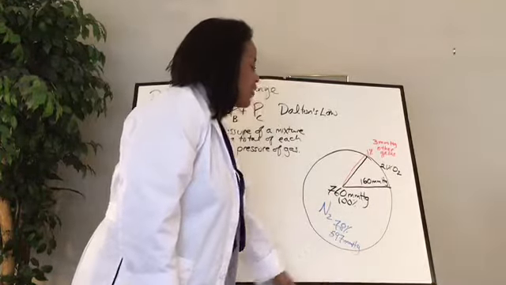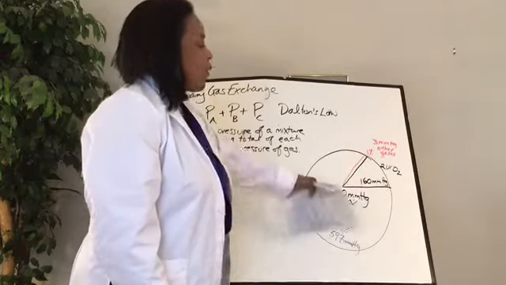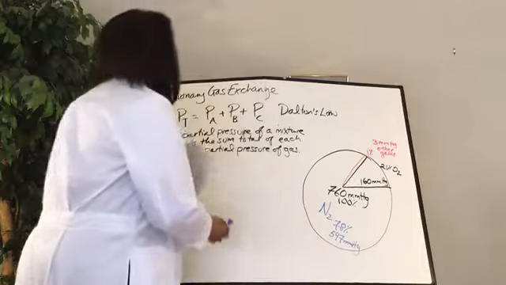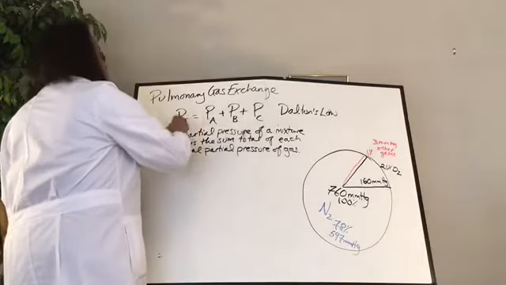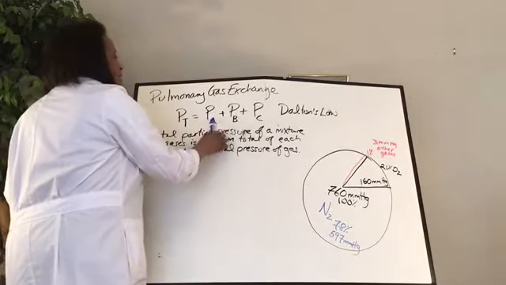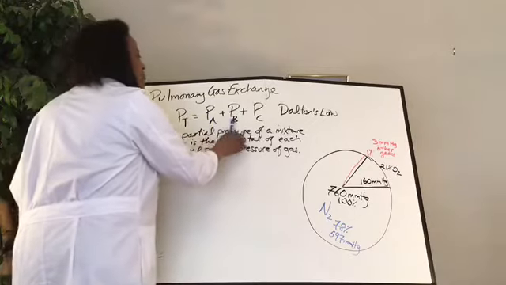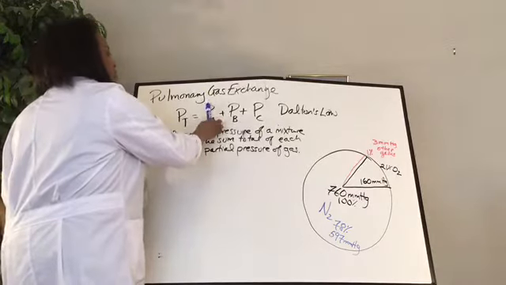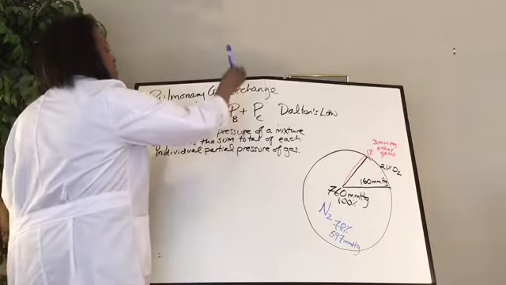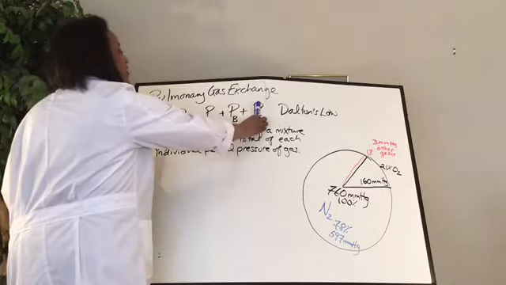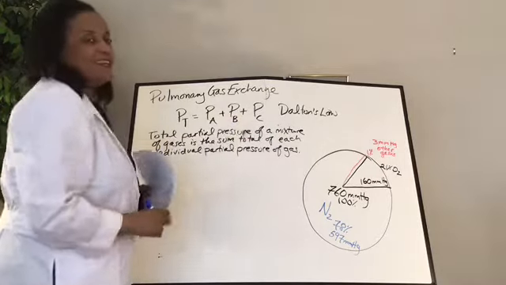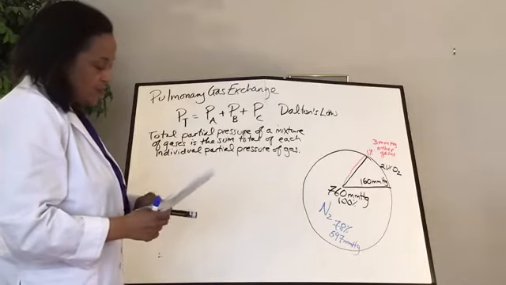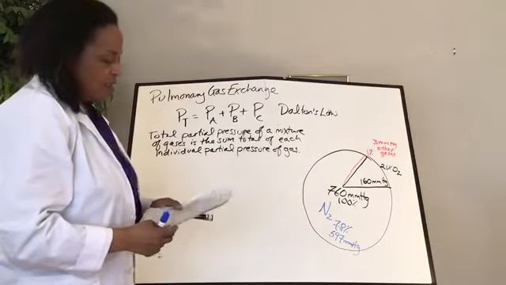If you take these millimeters of mercury and add them up, I'm hoping that you also see that it too is what our atmosphere is. So the total, 760, adds up to, or is equal to, these partial pressures of gases: the partial pressure of oxygen, partial pressure of nitrogen, partial pressure of other gases. That's Dalton's law, just the best way I know how to explain it to you, all right?